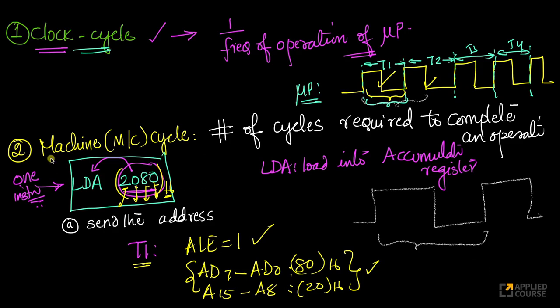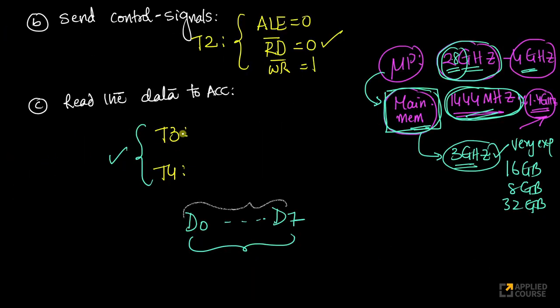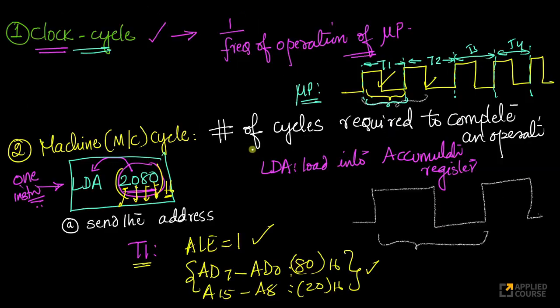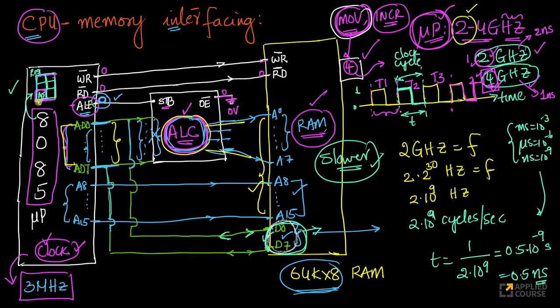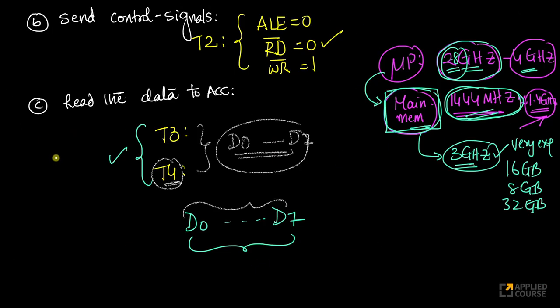So the processor waits for the data to be present. During T3 and T4, it keeps waiting for the data on D0 to D7. At the end of T4, as soon as the data is available, it copies the data and stores it in the accumulator register, because accumulator storage operates at the microprocessor speed, right?